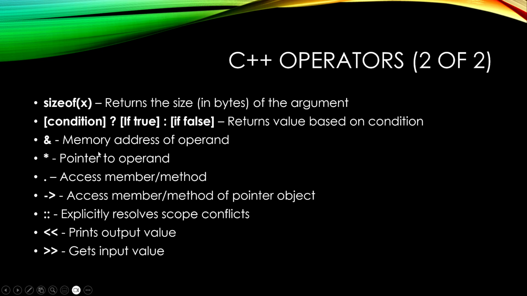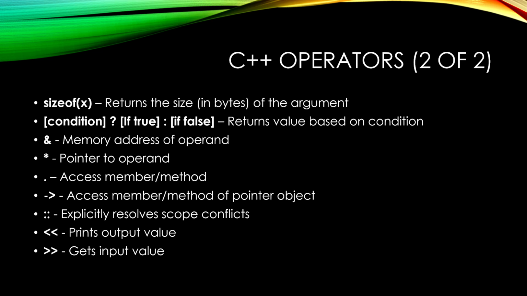I just want you to be aware of them. We're going to use them later on. So ampersand refers to the memory address of the operand in question. And then the asterisk is the pointer to that operand. You can also use this to access the value pointed to by a pointer.